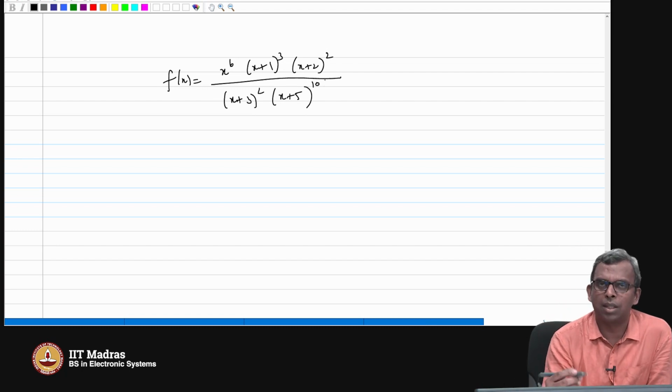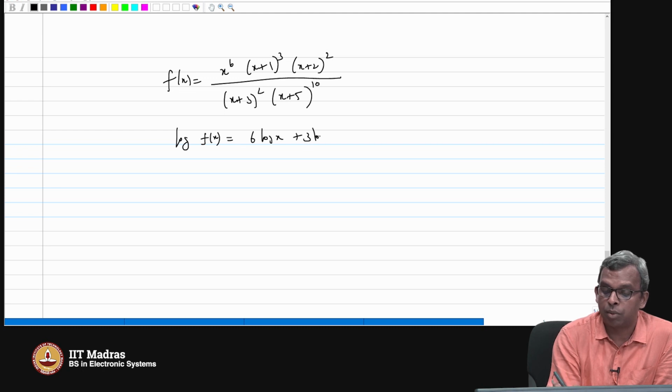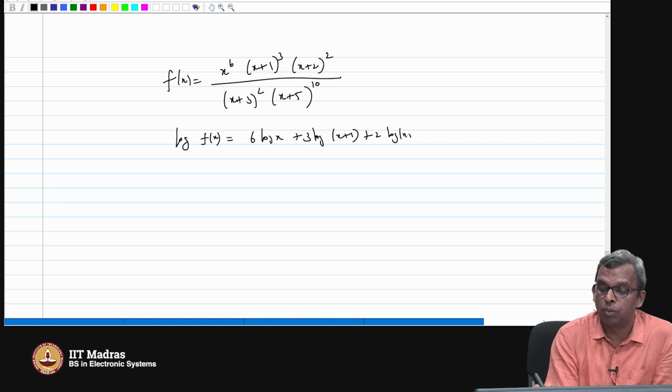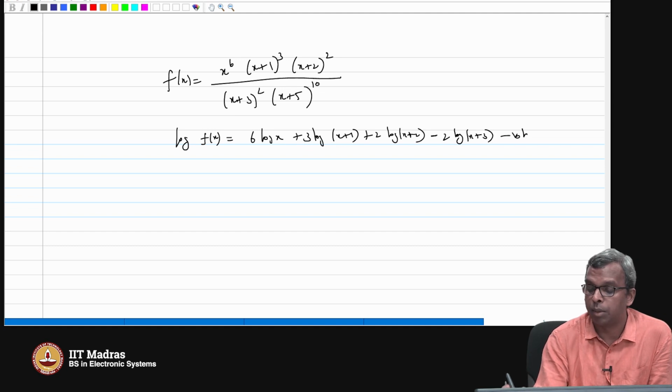Okay, so at this point it seems like log is not useful, but if you take log, notice what happens. Log f of x is 6 times log x plus 3 times log x plus 1 plus 2 times log x plus 2, minus 2 times log x plus 3, minus 10 times log x plus 5.